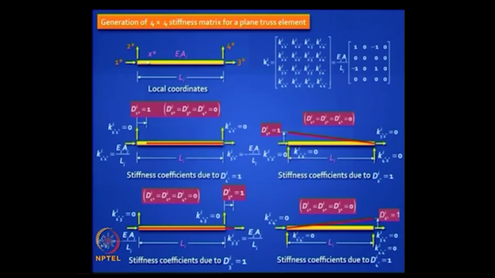In this truss element you will find that the 0 rows and columns correspond to the shear force. If you use it in a plane frame element, you have ability to take shear, so they are no longer going to be zeros. That is a big difference.